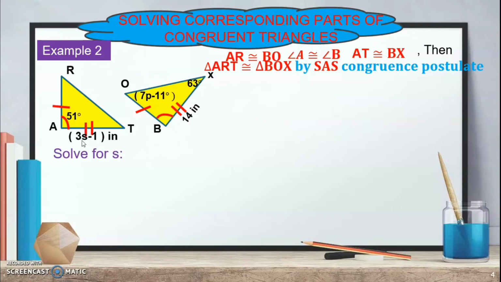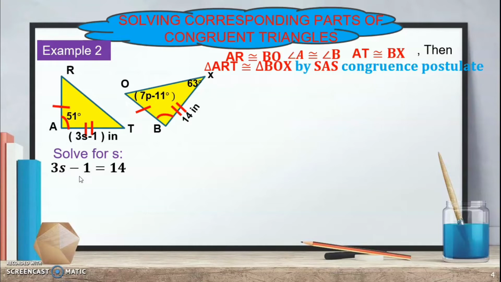In solving the value of S, we will set that side AT is congruent to side BX. Di ba? Meron tayong congruence postulate statement na AT is congruent to BX. So we have 3S minus 1 is equal to 14. We will transpose, or use the addition property of equality.